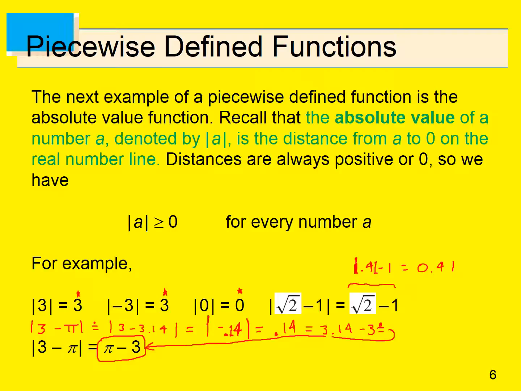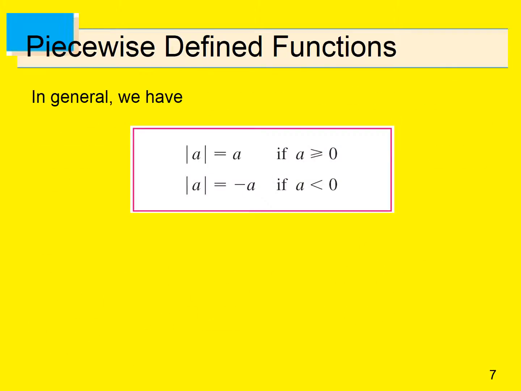And so that's why pi minus 3 is the absolute value of 3 minus pi.